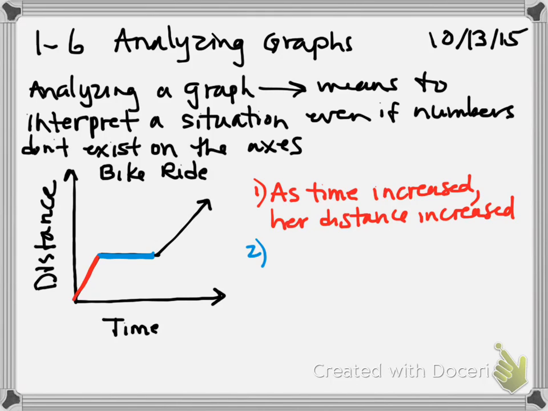So what do you think physically happened on this bike ride at this point? What do you think went on? Perry? She took a break. Maybe she rode her bike to a friend's house, and she's at the friend's house. So time's marching on, but she's not going anywhere. She's flat. So time increased, but distance was constant.